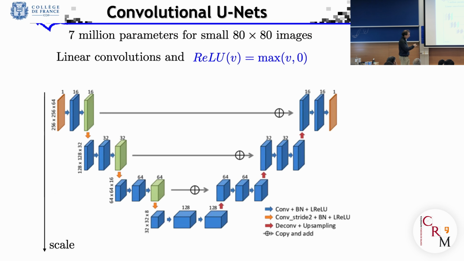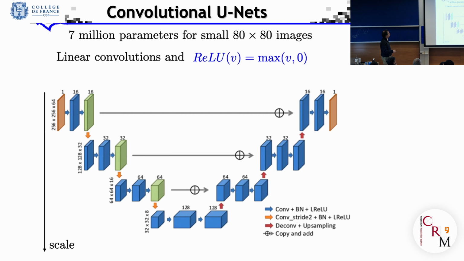So this is how neural networks very often look for image synthesis. These are called UNets. You put the image in input. It performs a series of convolutions and rectifiers, subsampling, convolutions, rectifiers, subsampling like this.